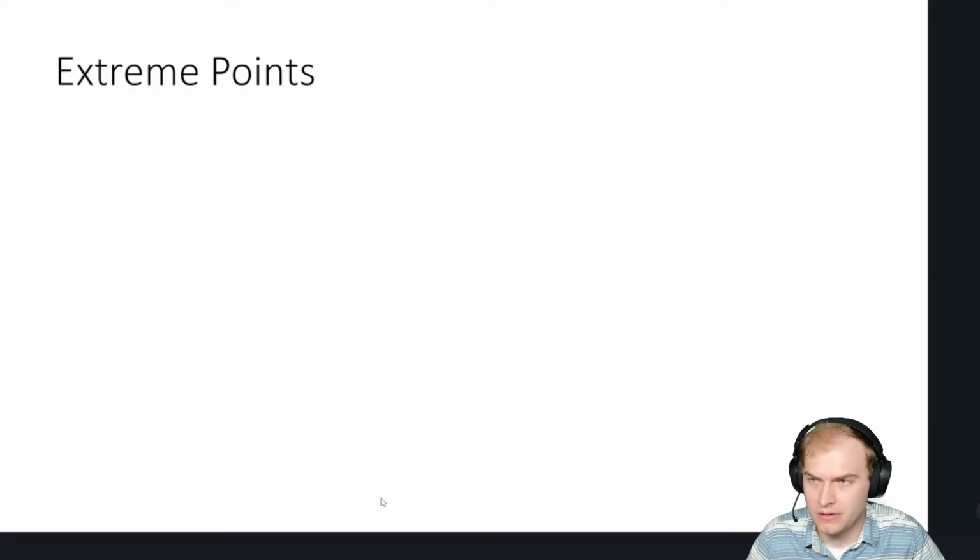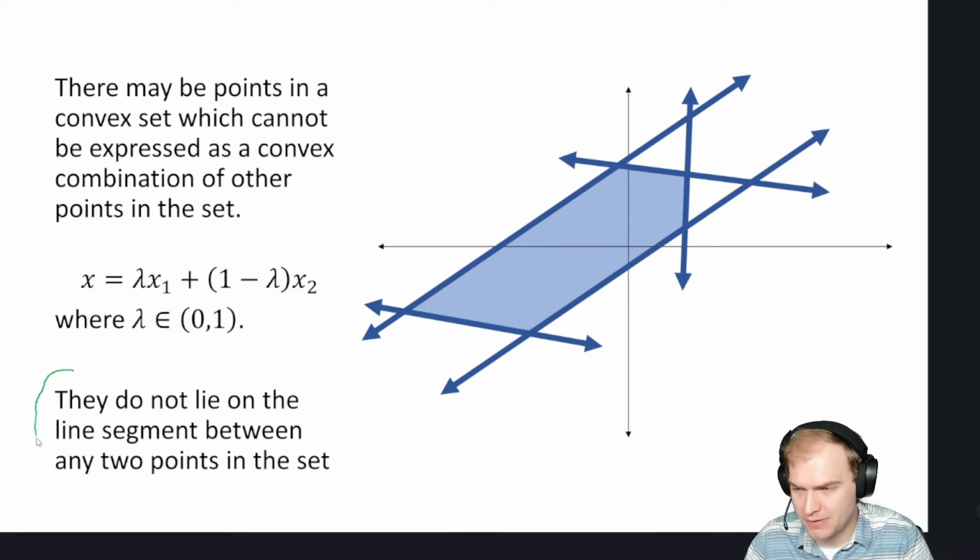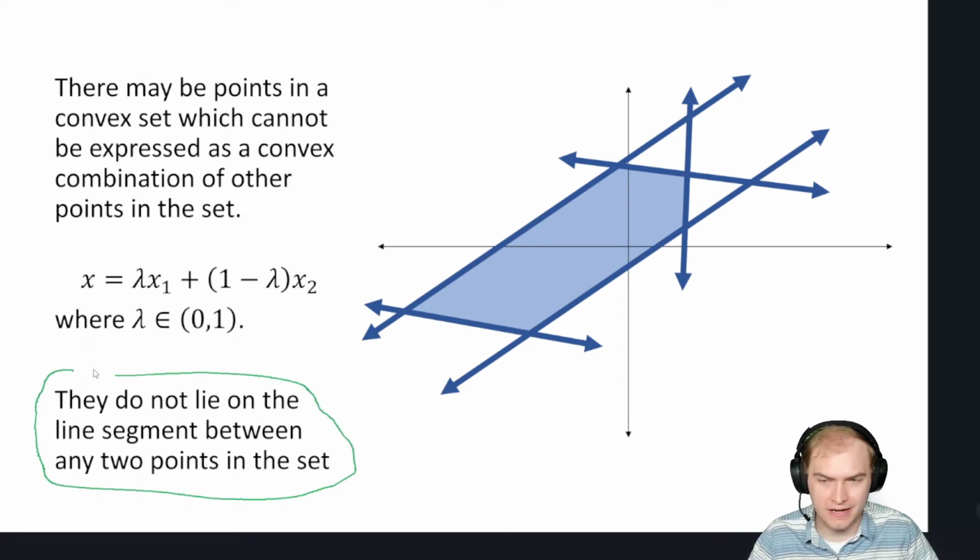A very important aspect of polyhedra and convex sets in general is that they have extreme points. So an extreme point is a point in a set which cannot be expressed as the convex combination of other points in the set. Maybe the more grounded and reasonable way to say that for our purposes is that extreme points do not lie on the line segment between any 2 points in the set.